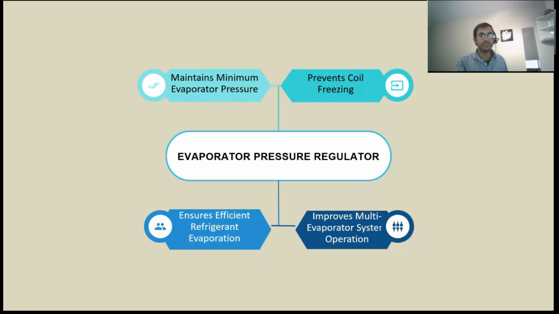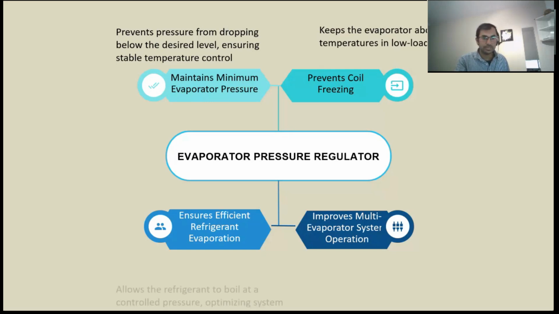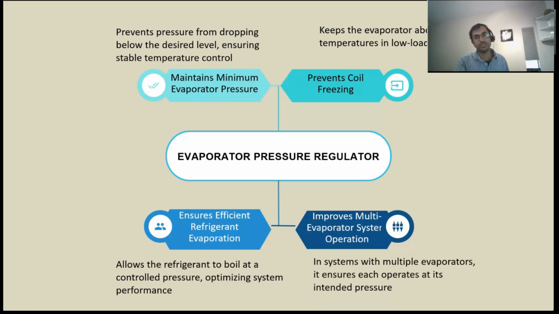Maintaining minimum evaporator pressure means preventing pressure from dropping below the desired level, ensuring stable temperature control. It keeps the evaporator above freezing temperature in low load conditions, and for efficient evaporation allows the refrigerant to boil at a controlled pressure, optimizing system performance. And in systems with multiple evaporators, it ensures each operates at its intended pressure.